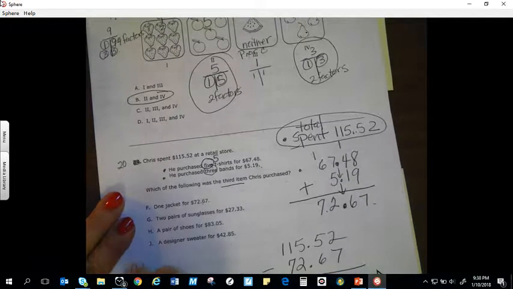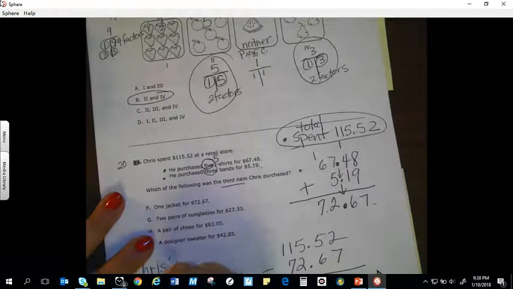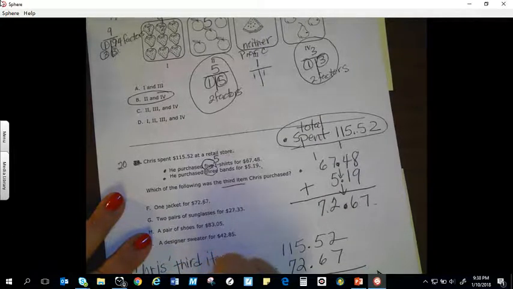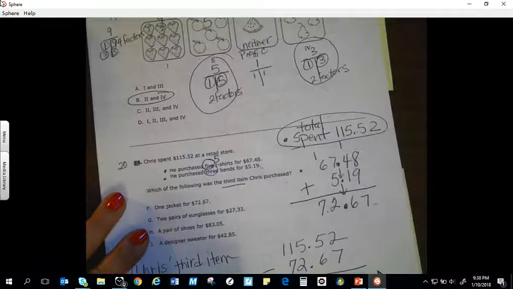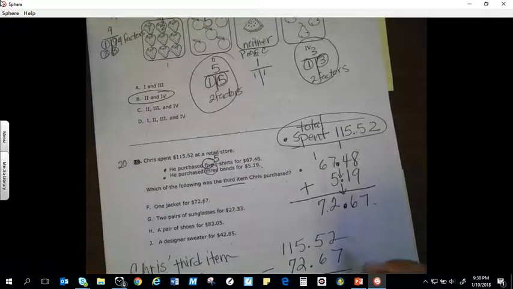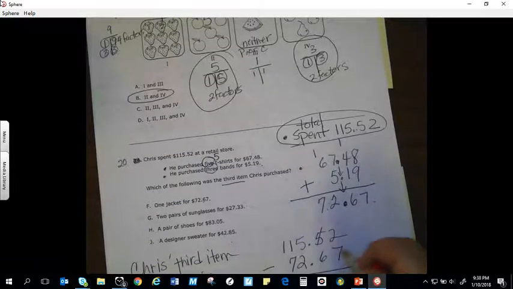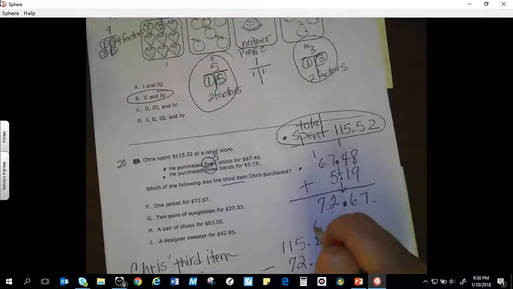Here my comment would be Chris's third item purchased is blank.